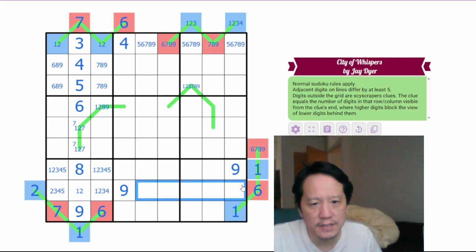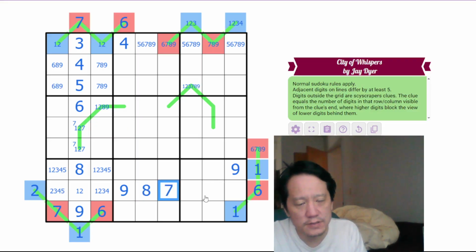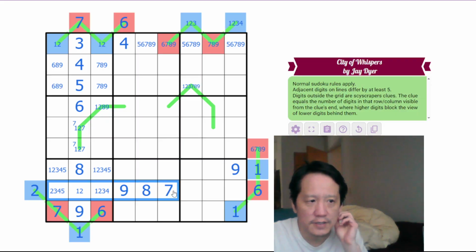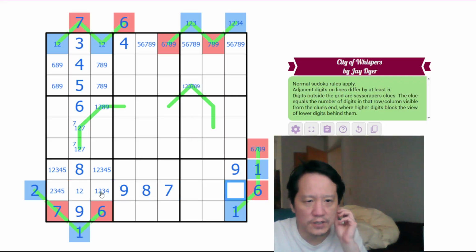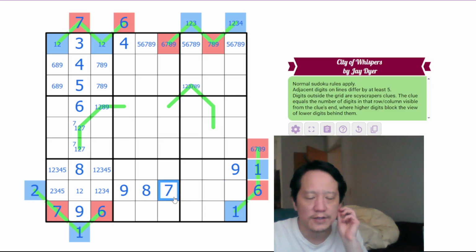It has to see 8, though. So it's 8, 7, because we're guaranteed that we have to see the low digit here. It does not see any of these 3. It must see every single one of these. And if we have 8 or 7 in an earlier spot, then it will not see the other digits, right?